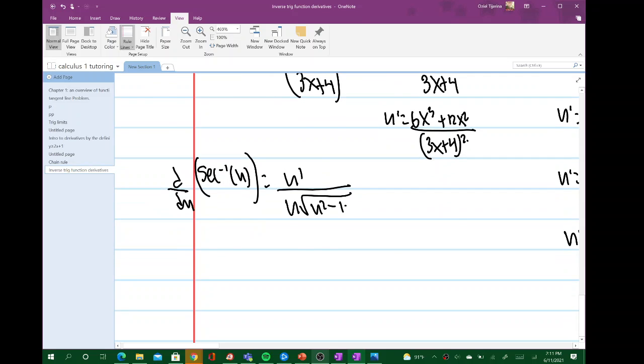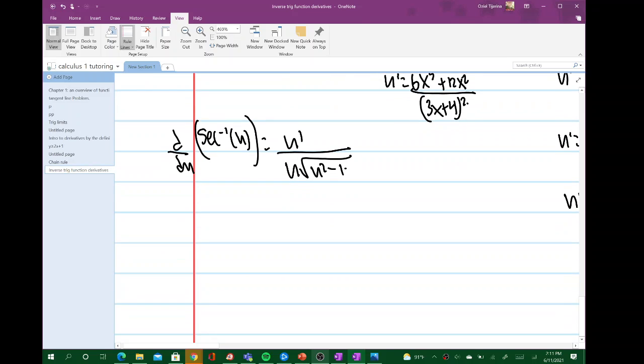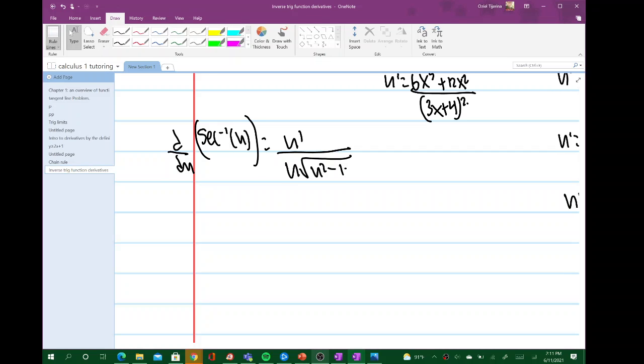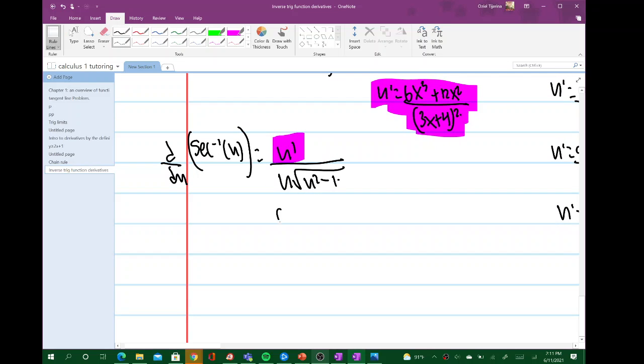So u prime, we know what u prime is. So if we do this here, u prime is going to be 6x cubed plus 12x squared over 3x plus 4 quantity squared, right?